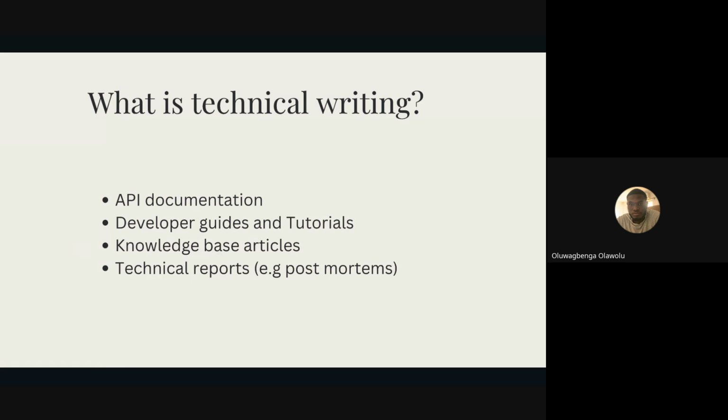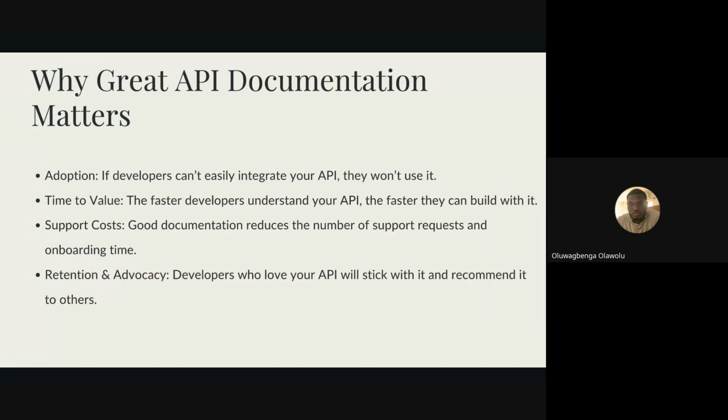So you need to know how to write a technical write-up for both a technical audience and a non-technical audience. So I'm just going to move on, continue with API documentation, and let's talk about why it matters.